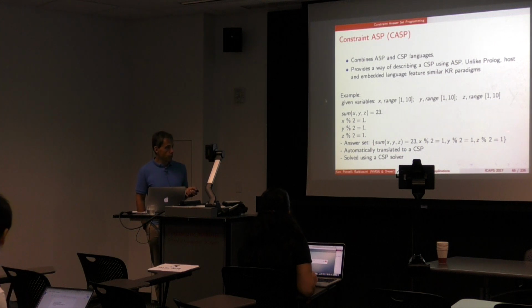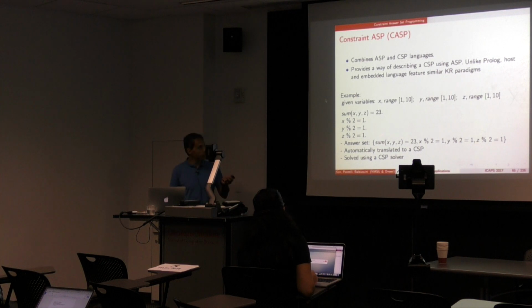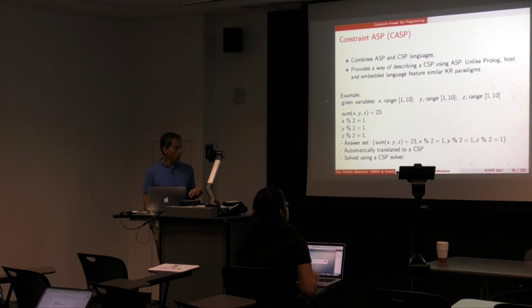So if I have an answer set like this, I could view this as a specification of the constraints of a CSP. Not really the variables, we're not worrying about that yet, but at least the constraint part. So if I take this and translate it somehow into the actual constraints of a CSP, just with a syntactic transformation, then I can use a CSP solver, the solver in CLPFD, for example, to solve these constraints.